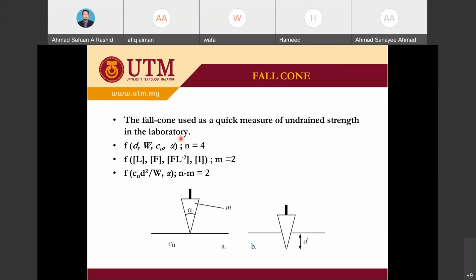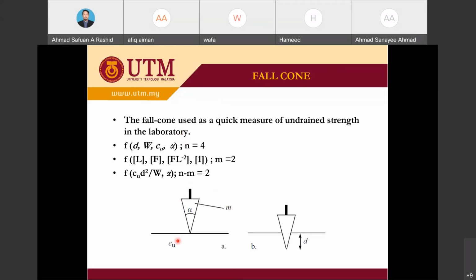The second is the fall-cone method. This fall-cone method is used as a quick measure of undrained strength in the laboratory. Normally we use this approach to determine the liquid limit of cohesive material. So what are the important parameters here?